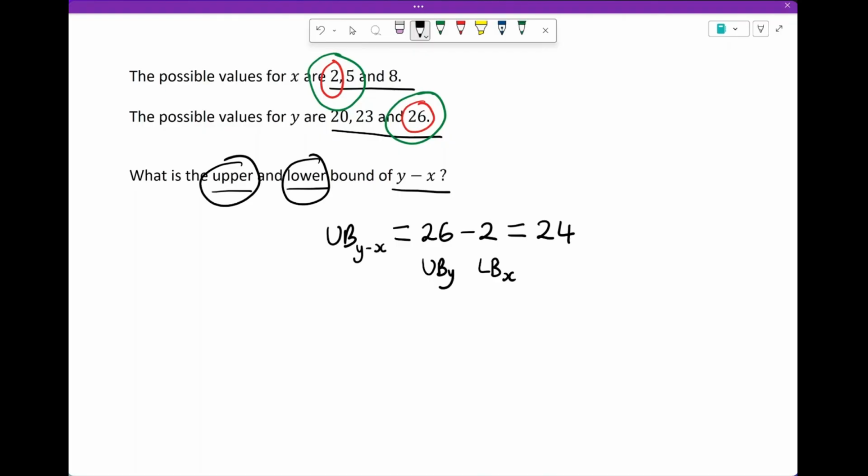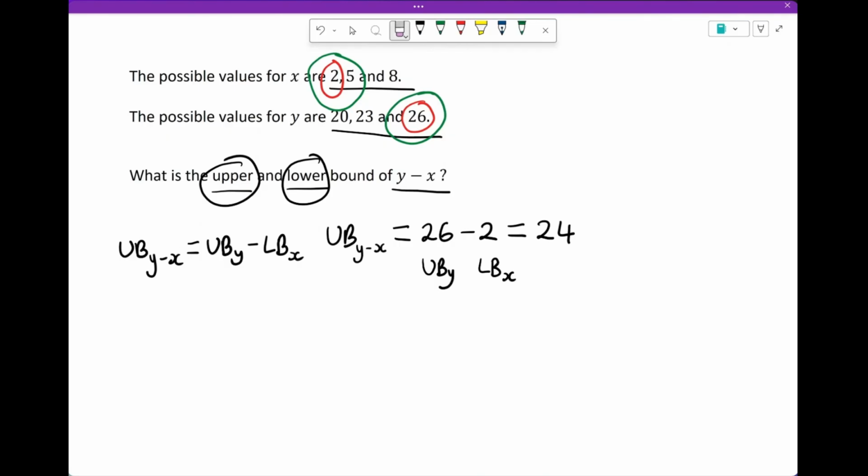So let's write out our generalization for subtraction. If you want the upper bound of y subtract x, then that is going to be equal to the upper bound for y, so the first value in your calculation, and then subtract the lower bound of the second value in the calculation, which is x. So that's how you figure out an upper bound for subtraction.